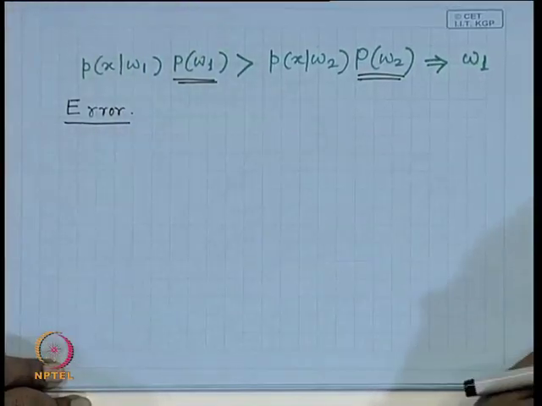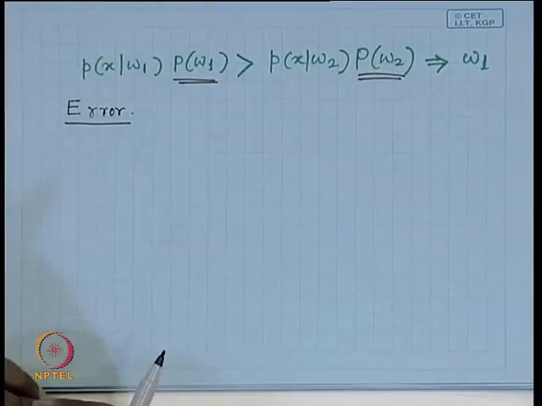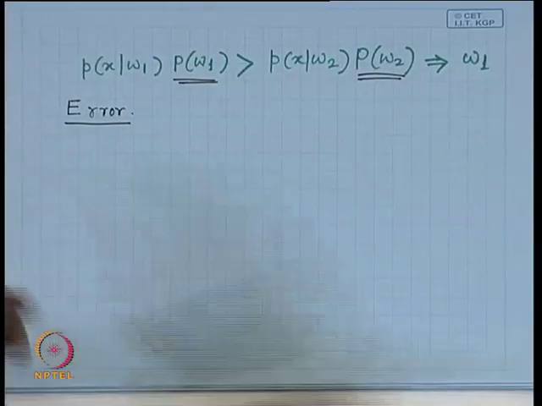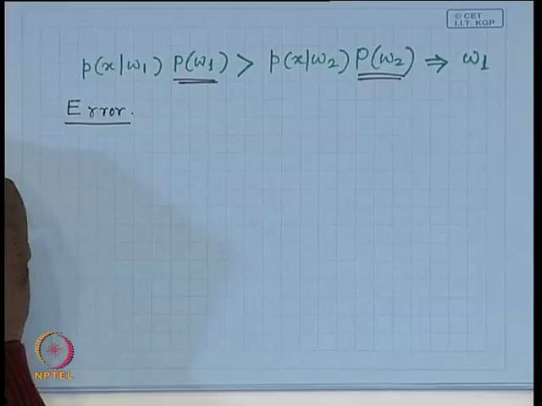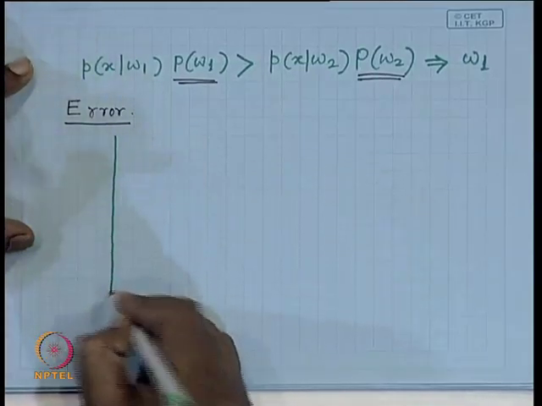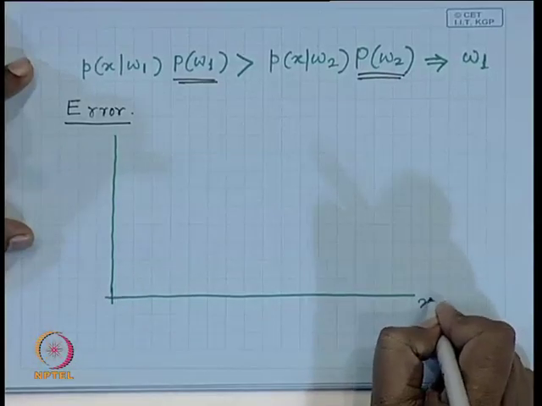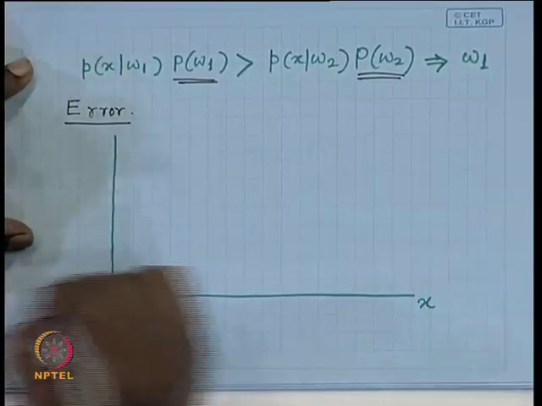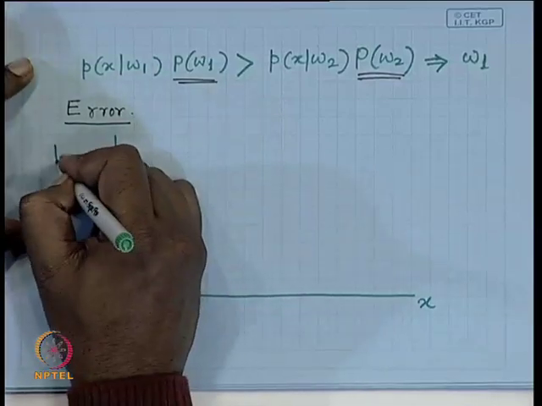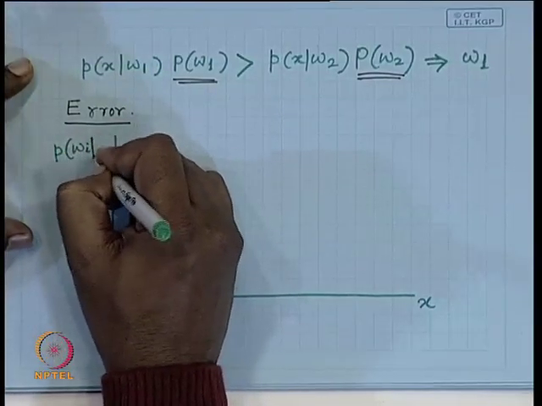So, what is the probability of error, or what is the total error that we will have in such cases? Okay. Now, let us see. Suppose this is my x, and along the vertical axis I plot the posteriori probability p of omega i given x.